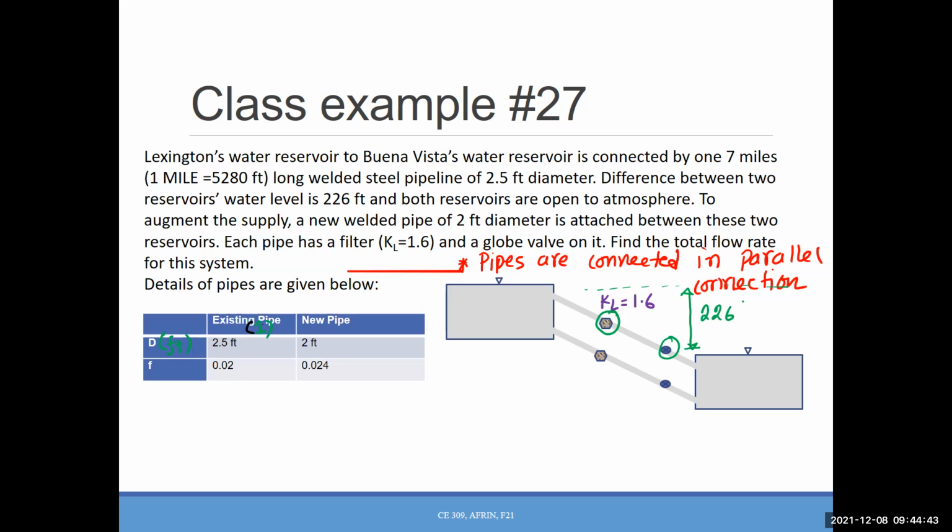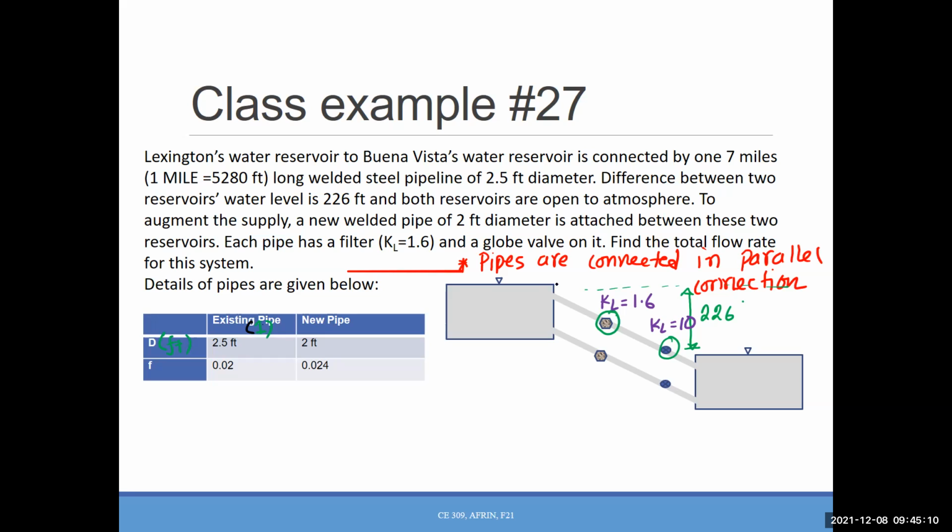I don't have that with me right now, but the table where you had all the values for minor loss coefficient. Fully open globe valve. KL equals 10. Okay, great. And we have two more sources for minor losses here.